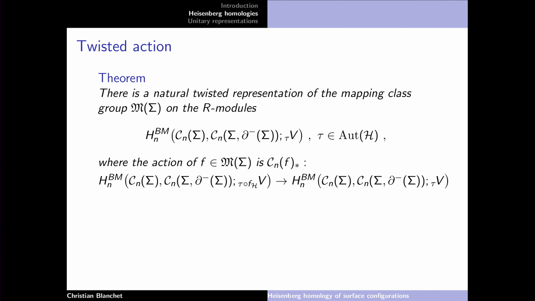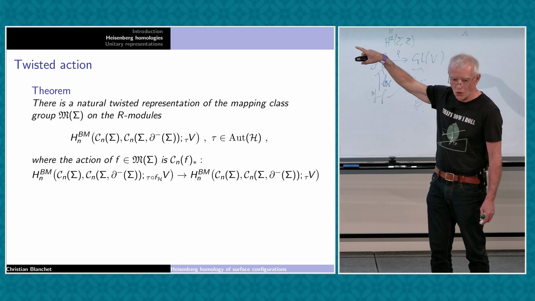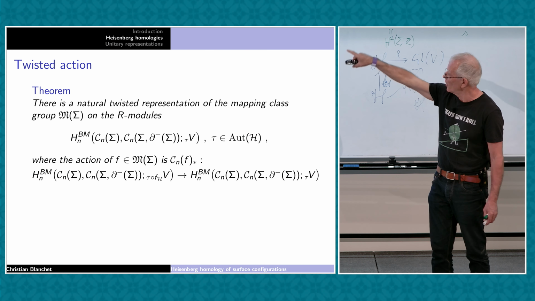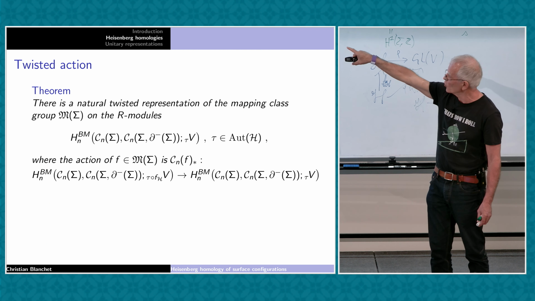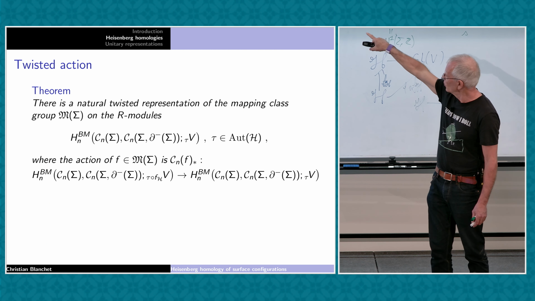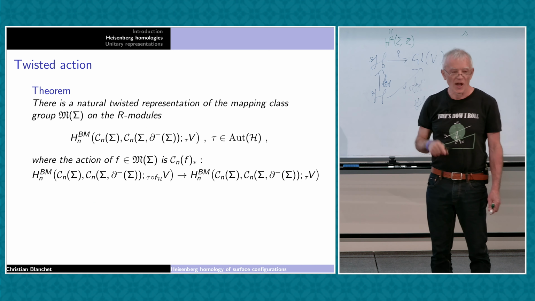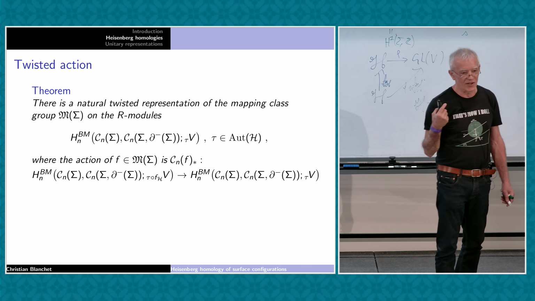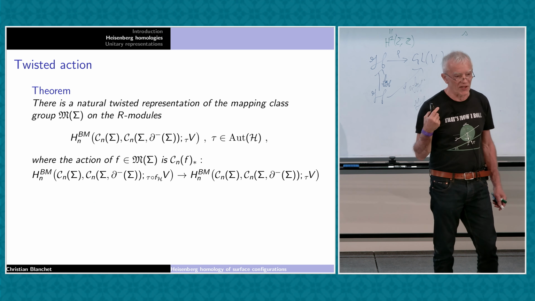I can vary the twisting. I like to vary the twisting. So if I take as coefficient the representation V twisted by tau, then the functorial map will go with coefficient tau composed with f_H to twisted by tau. So I like to write it like this because then I see the twisted representation as a functor on a certain category whose objects are automorphisms of H. Again, for representation, this I gave you.